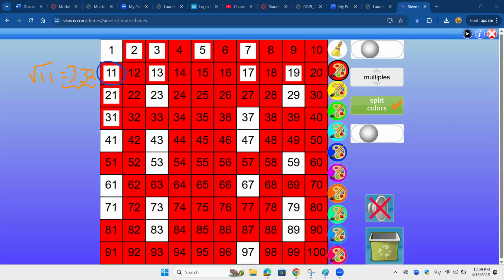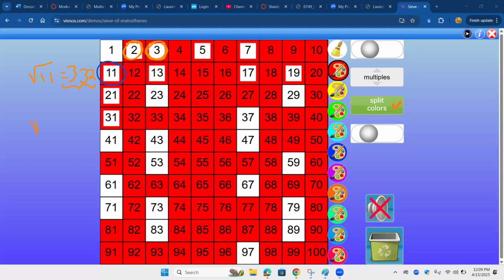But the only ones would be these two, right? But I've already used the 2 and the 3, and I've already crossed out all the multiples. And I didn't cross out 11 when I crossed out multiples of 2 and 3. So that's how it's going to go with all of these.